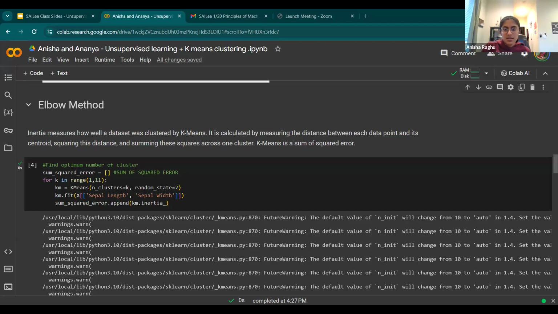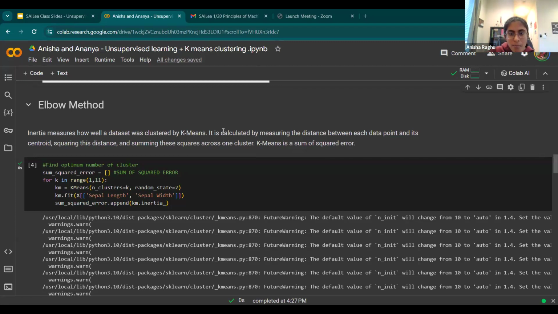Exactly. And you can see this visually when you graph the inertia and the number of clusters, and you can see visually the point at which the rate of change begins to decrease. But yeah, exactly.